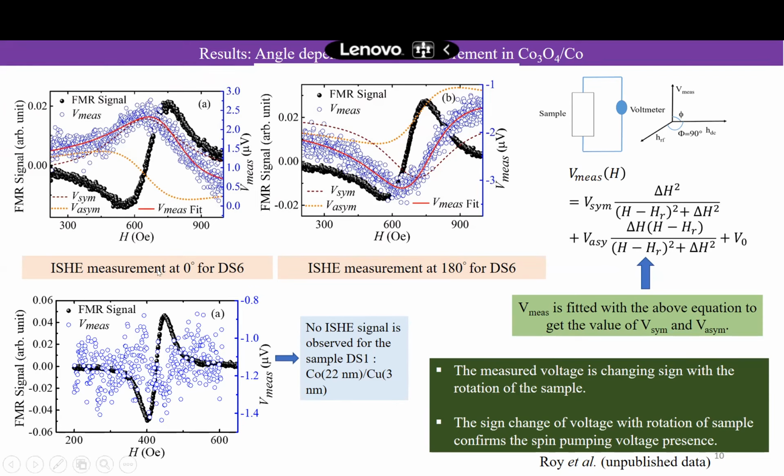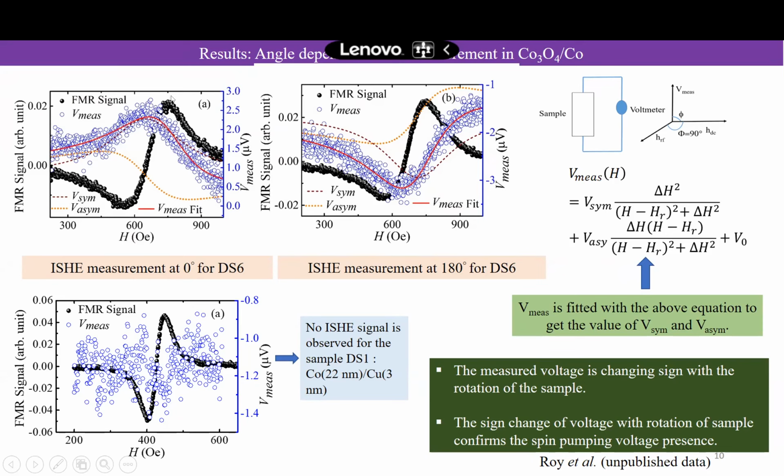So for the 0 degree case, the angle is shown here, where the V is measured in the Y direction, and my DC magnetic field is in the X direction. So phi is the angle here. Where phi equals 0 degree, the blue circles represent the measured voltage while sweeping the magnetic field.